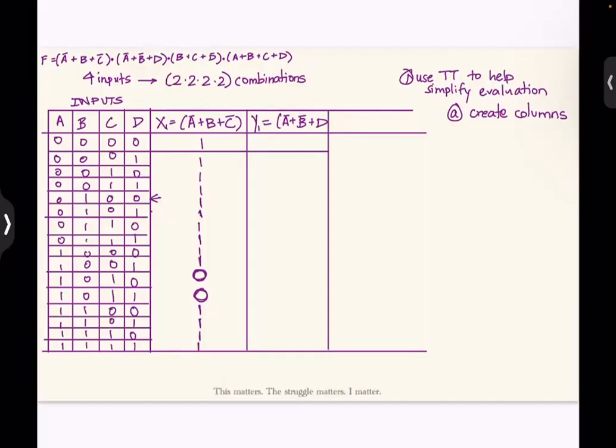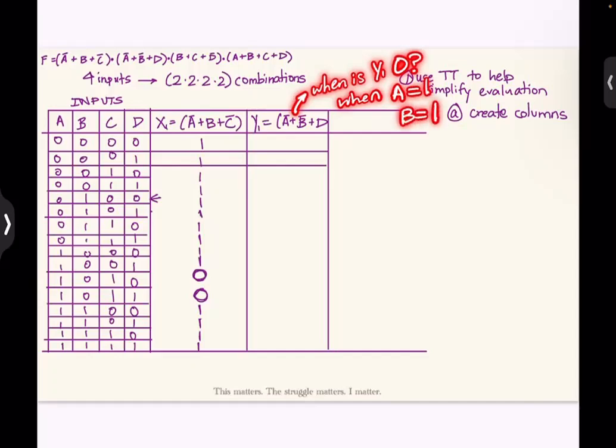So we ask the question, when is y1 0? It's when A is 1 and B is 1 and D is 0. And we don't care about input C's values. So where will we find these?